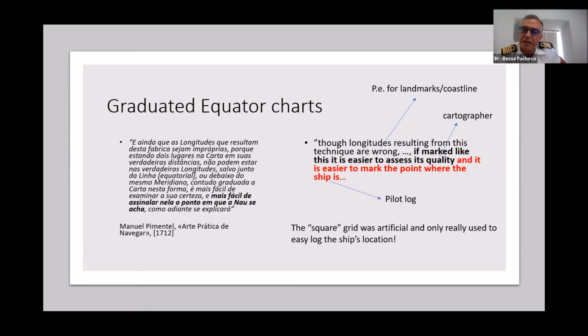You don't have to be setting your position and logging your position based on distance and a direction to a certain landmark. So it's much easier to make reports out of it. And I do believe this is the reason why this equator line was gridded at some point.